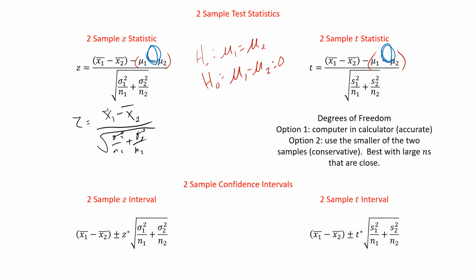And then same thing with the t interval, except we use t star, and we have the s's instead of sigmas. And the degree of freedom is going to be the same as what it was for the test statistic. As you can see, as we get into the two sample test statistics and confidence intervals, the calculator comes in handy more and more.